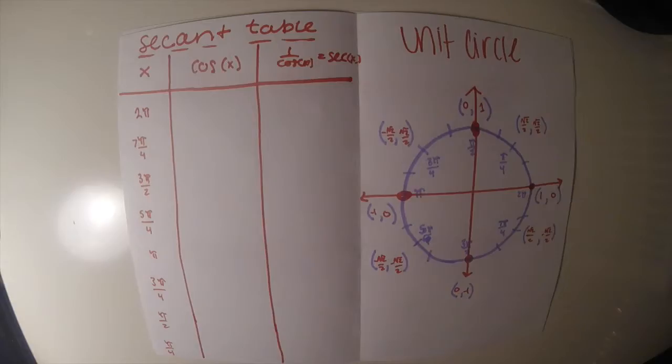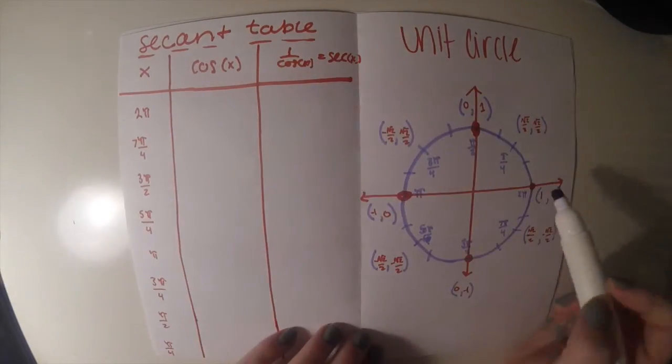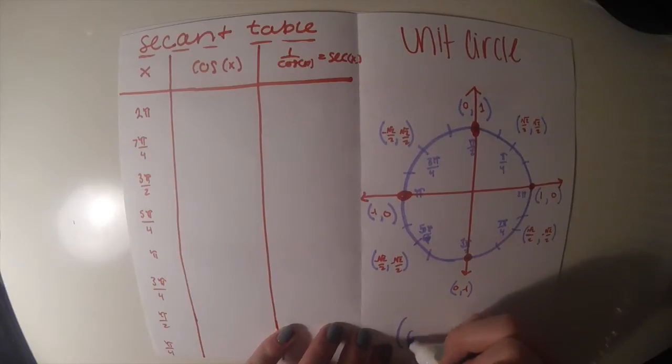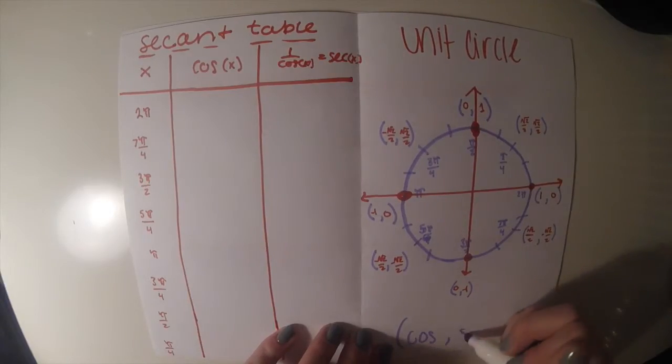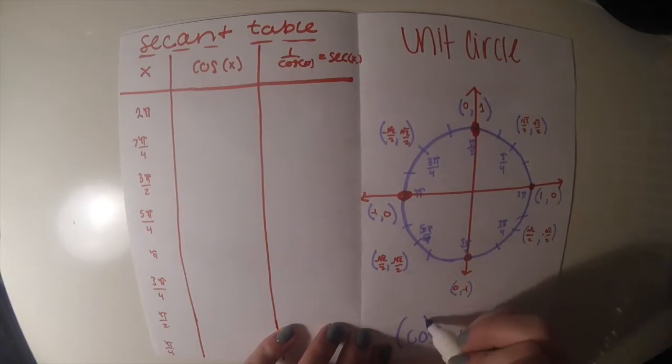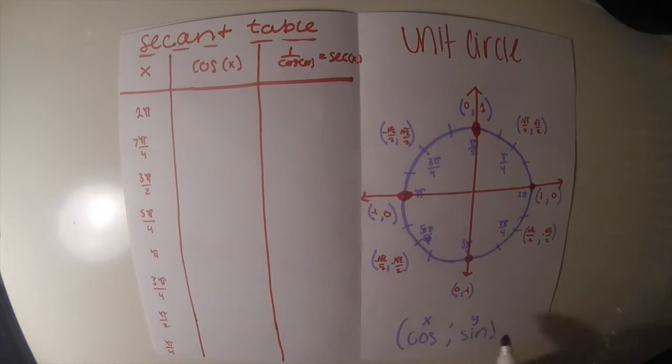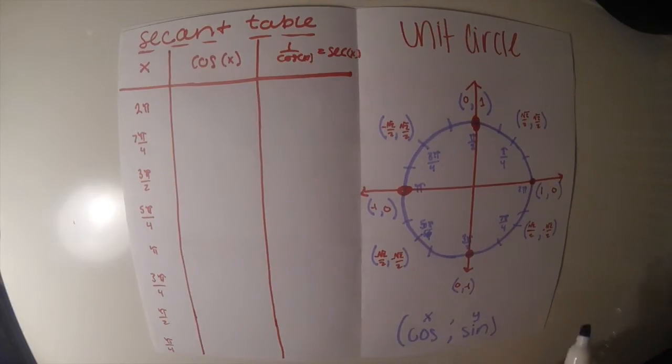So we're going to start with 2 pi. On the graph, 2 pi is located right here, and cosine is the x variable and sine is the y variable when on a graph.